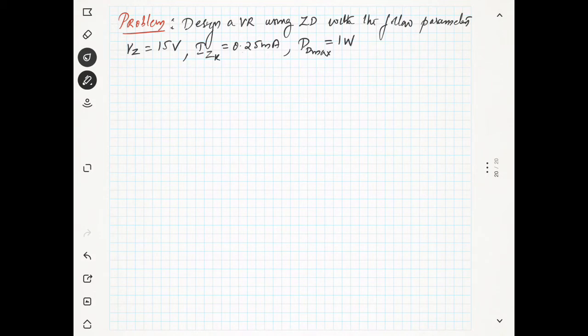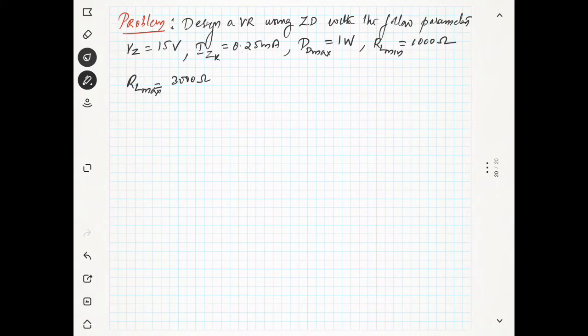That means the maximum power that it can accommodate is 1 watt. Then RL minimum, the minimum load that you can expect at the output side, is 1000 ohms. RL maximum that you can expect at the output side is 3000 ohms. These are all the parameters.